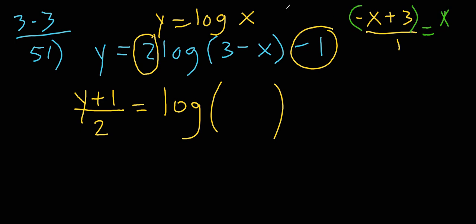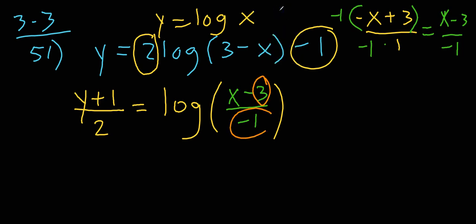Negative 1, thank you. If you do it to the top, you better do it to the bottom, right? So that gives me x minus 3 over negative 1. Now it's in fireproof form. There are 1, 2, 3, 4 different things you need to describe. Can you name any of them? Vertical stretch by 2. Amen.